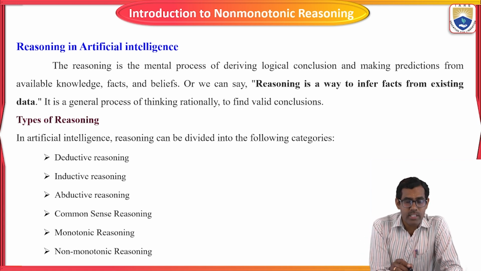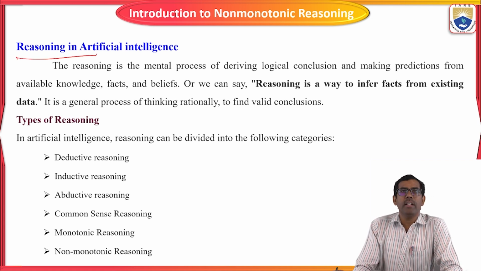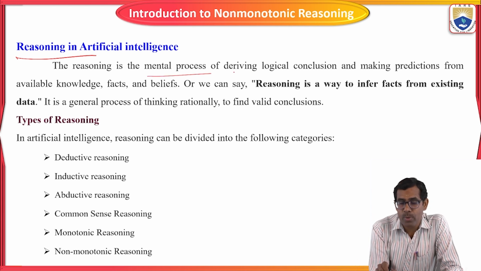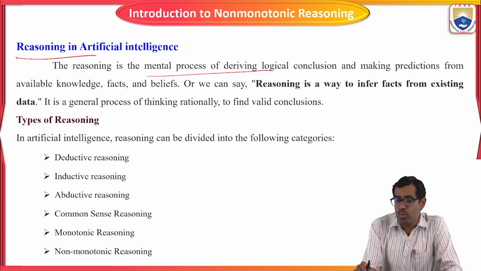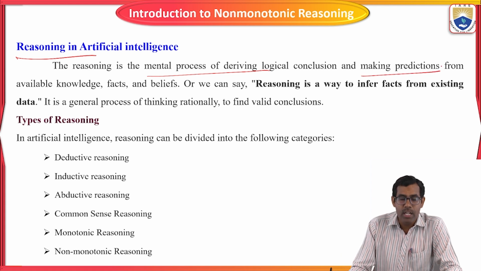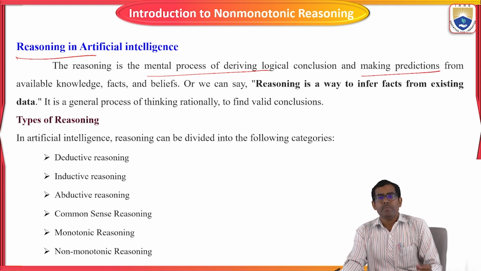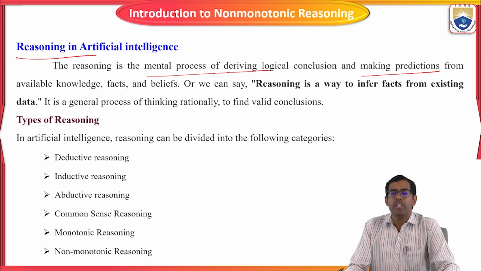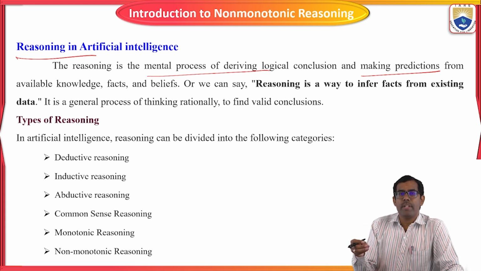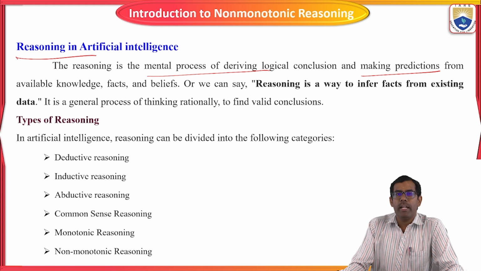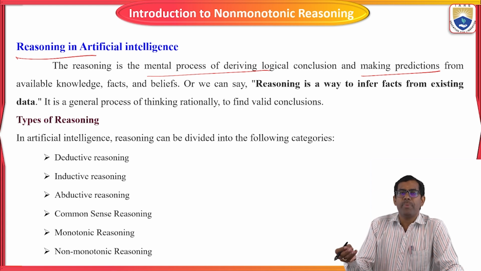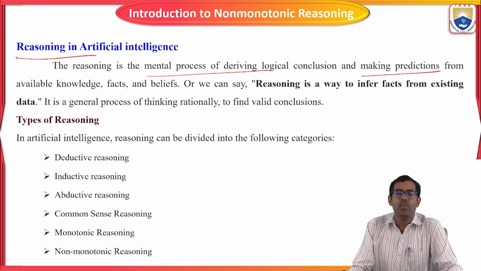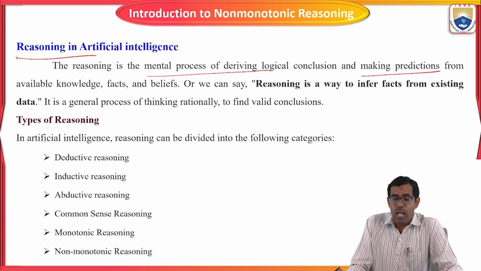So here, what is reasoning in artificial intelligence? Reasoning is the mental process of deriving a logical conclusion and making predictions from available knowledge. Here we have a problem statement, and we take some expressions, algorithms and methods to solve critical problems.